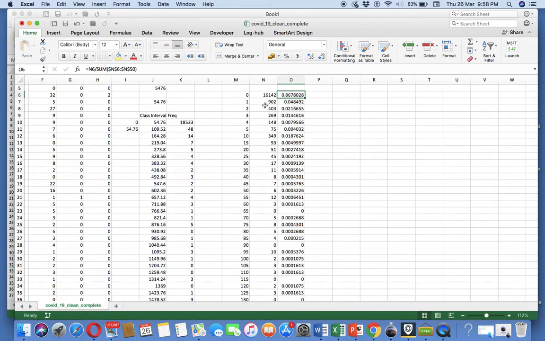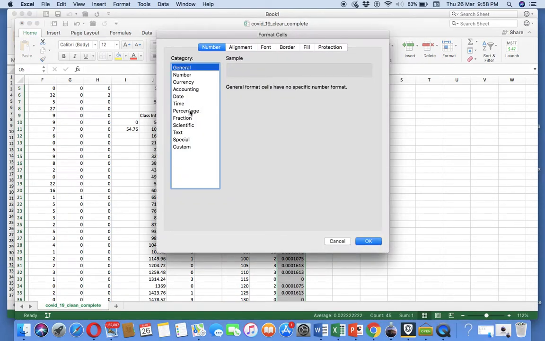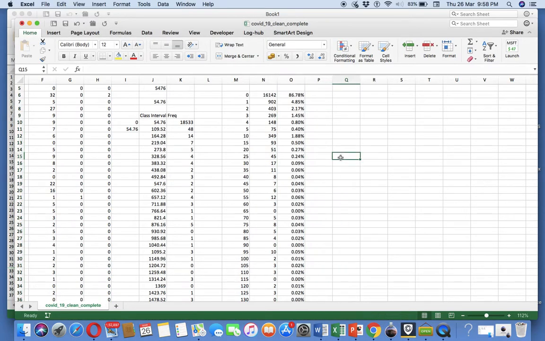The probability that there will be one death per day is 4%. I'll just press Control 1 and convert it to percentages. Now it's easier for you to interpret. The probability that there will be one death in the world is 4.85%. The probability that there will be 2 deaths per day is just 2.17%.